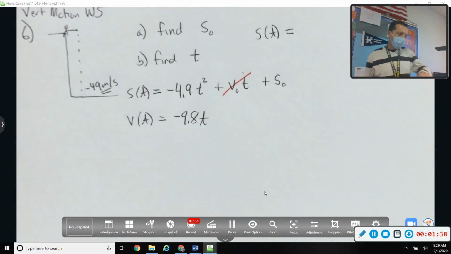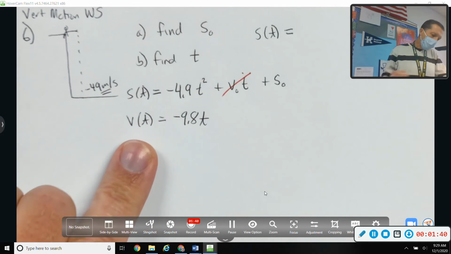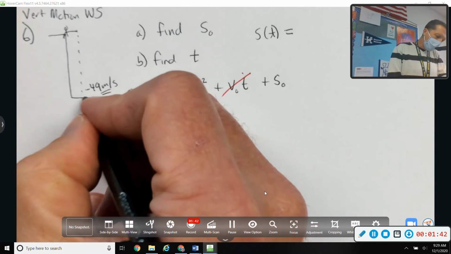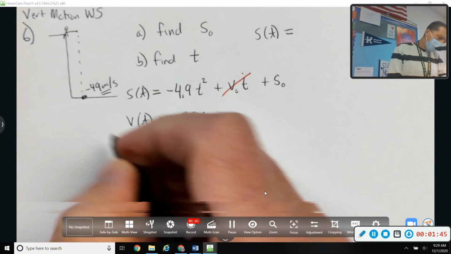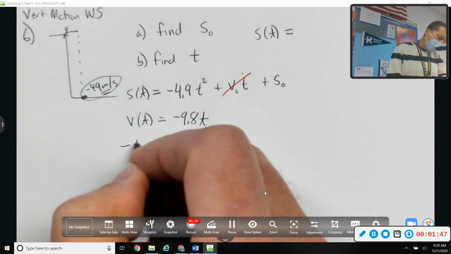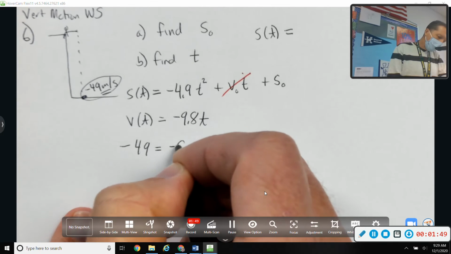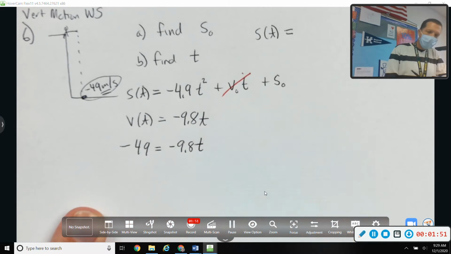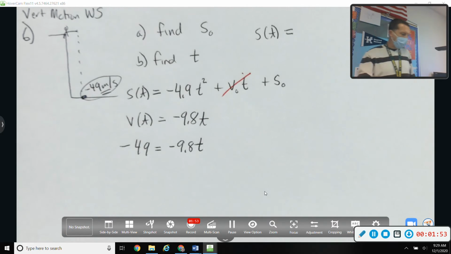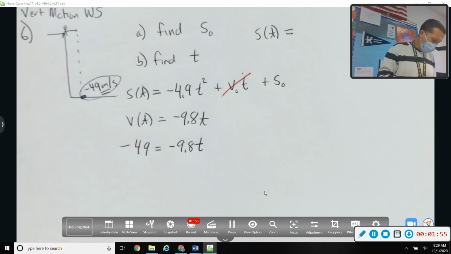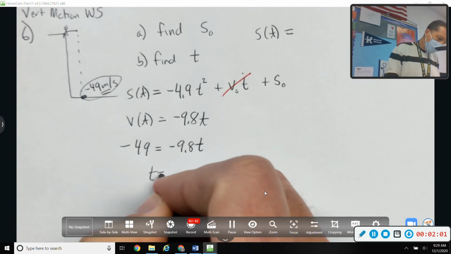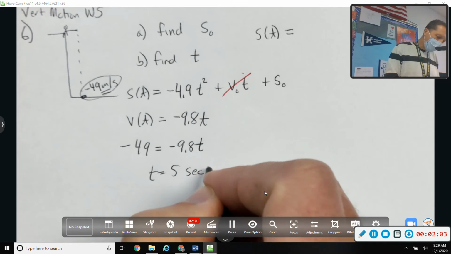And I think this is what's going to help us, because we know that down here at the bottom, the velocity is negative 49. I don't know how long that took, but I can figure that out. So 49 divided by 9.8. So t equals 5 seconds.